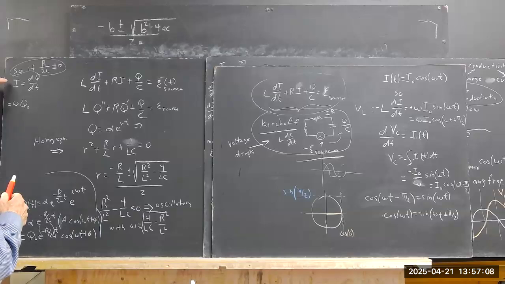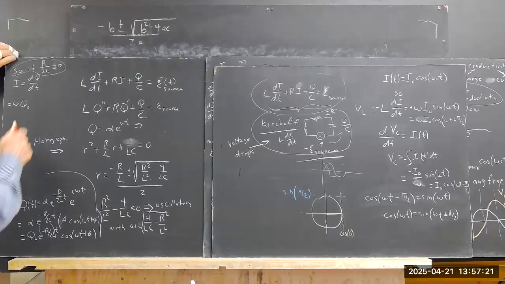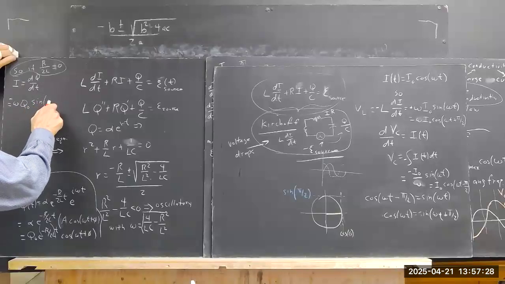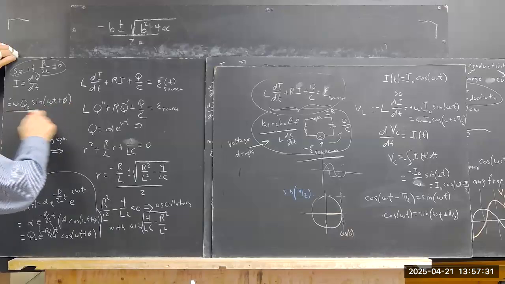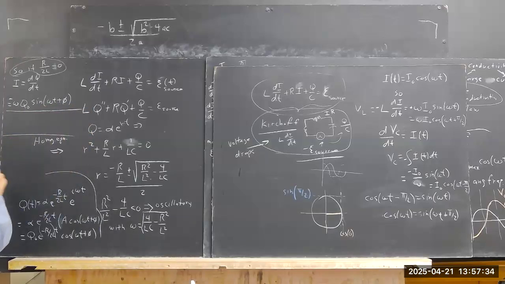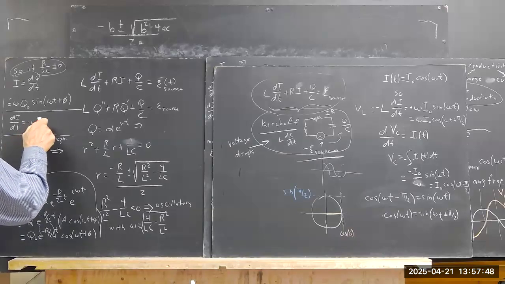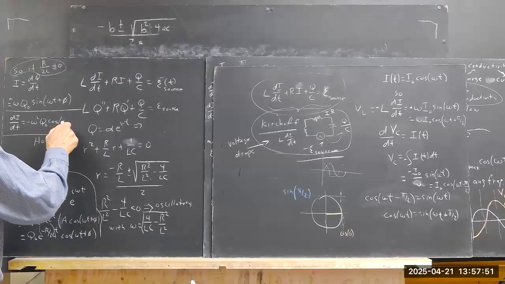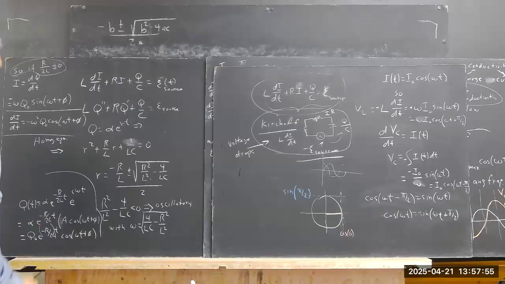Then your current is negative omega q naught times the sine of omega t plus phi, and dI/dt is negative omega squared q naught cosine of omega t plus phi.